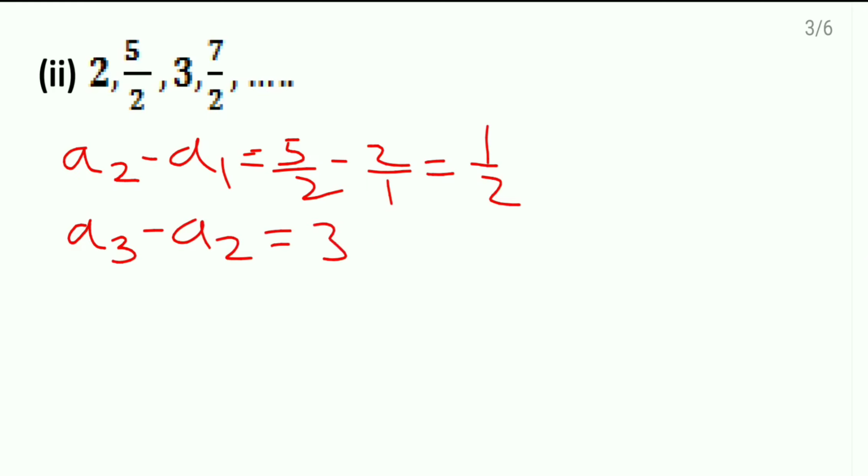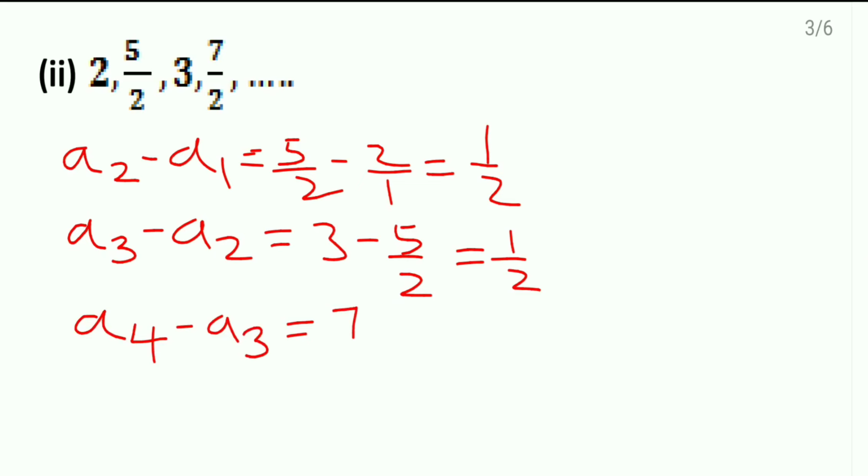Here 3 minus 5 by 2. Once again your answer comes as 1 by 2. Now the next one is A4 minus A3. So 7 by 2 minus 3, right? Which comes as once again 1 by 2. So everywhere D is a fixed number, or you can say D is constant.